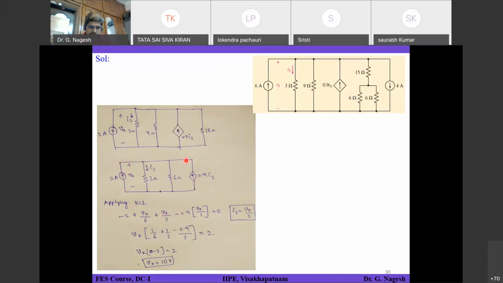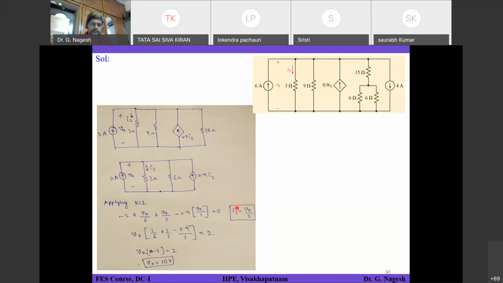If you observe this dependent current source, 0.9 I3 is the current flowing in the upward direction. I want to know what is the current coming out of this particular node and flowing into the reference node. So it should be minus 0.9 into I3. So what is I3? You have already seen here, Vx divided by 3.